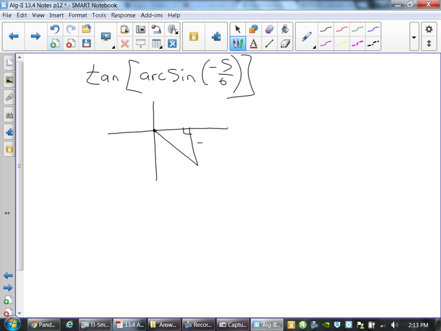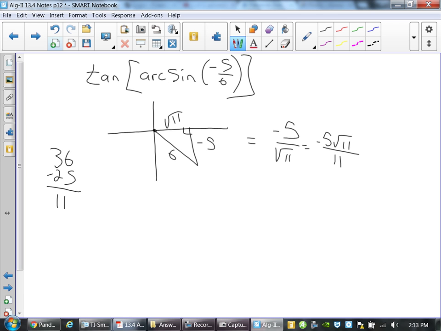So my 5 is negative. 6 is my r. So what's my adjacent? 36 minus 25 is 11. So it's the square root of 11. Tangent is opposite over adjacent. Very good. You didn't need a calculator to solve that Pythagorean theorem there, did you? It worked out fairly well.